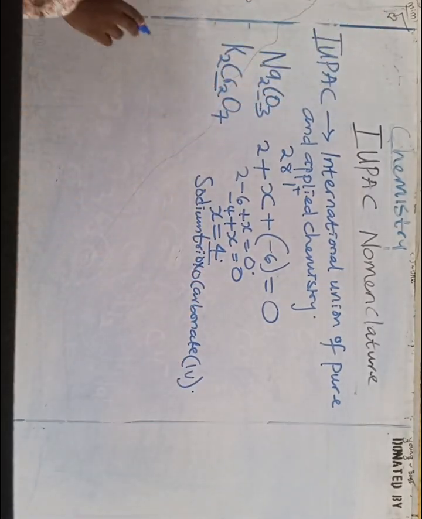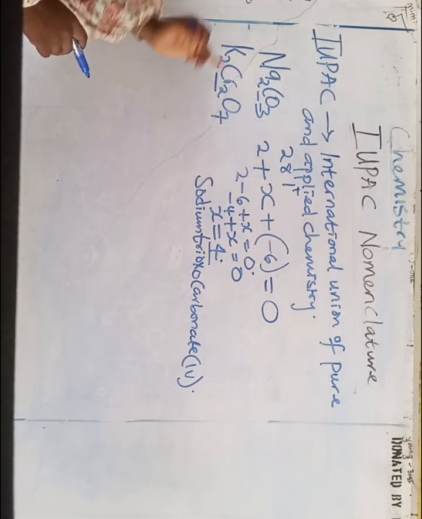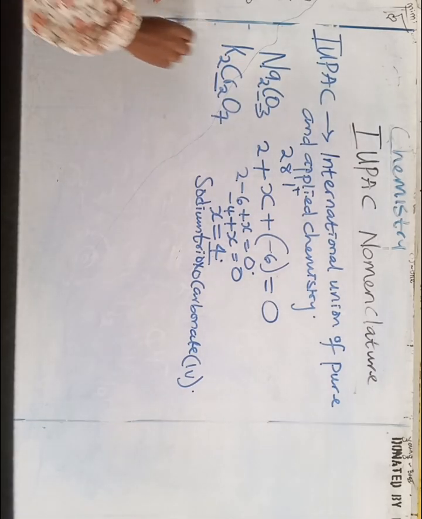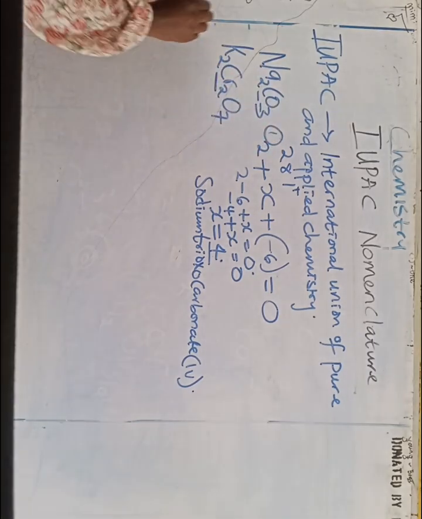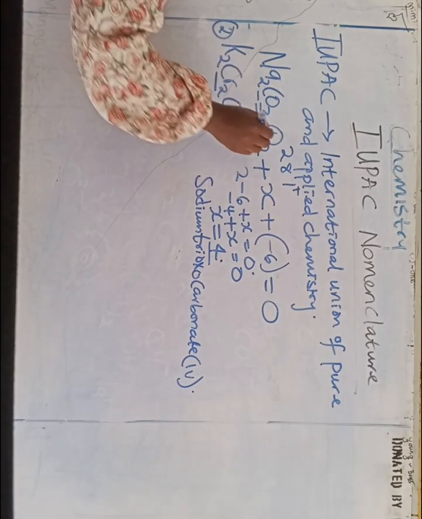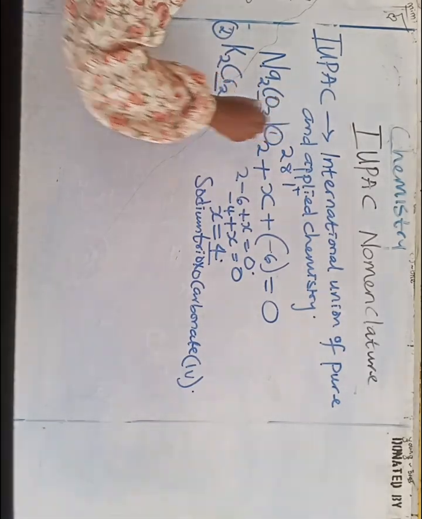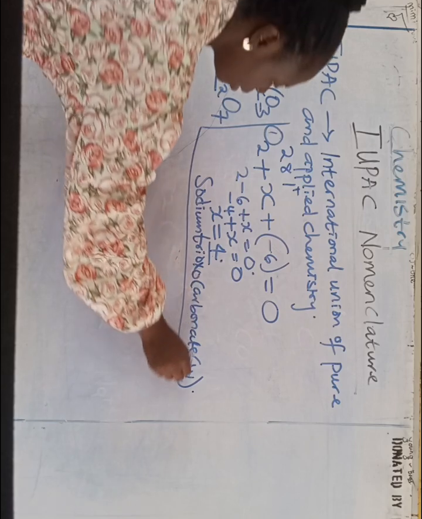So the next one, I have potassium, chromium and oxygen. So this is for number 1. Okay, so number 2, now let me see how I can separate it so that it doesn't mix up.